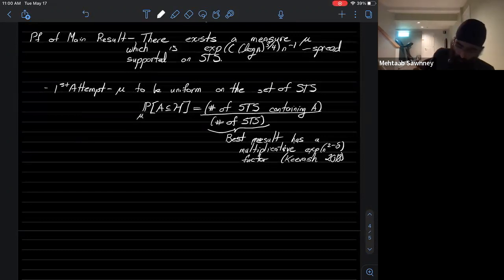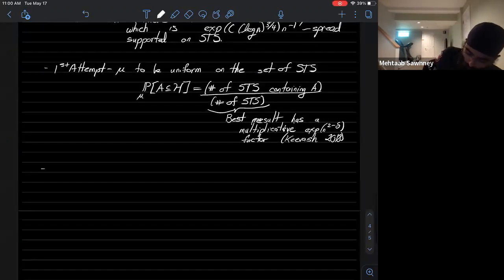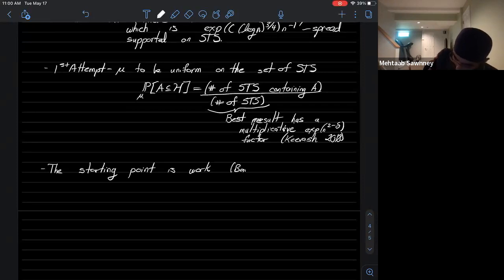And for this, the starting point is the work of Barber, Glock, Kühn, Lo, Montgomery, and Osthus.